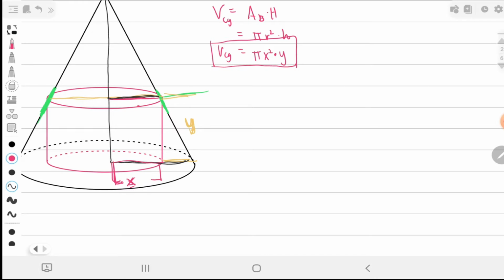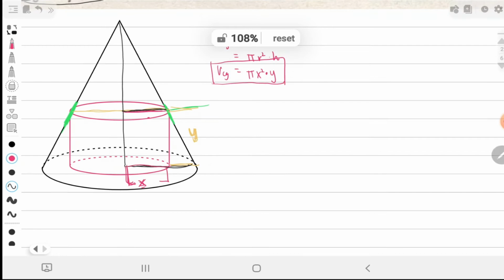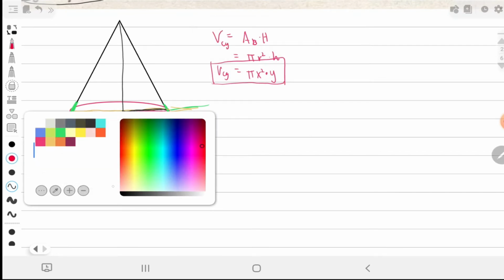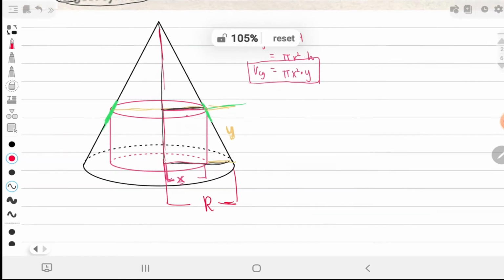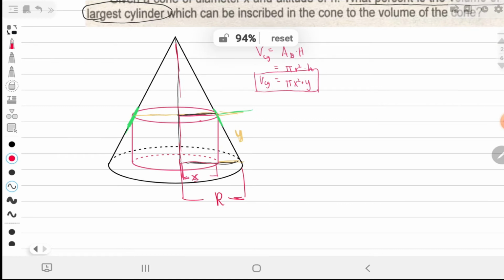But ang tinatanong is the maximum volume of the cylinder that can be inscribed into the cone. So next na kailangan natin malaman is the relationship between your x and y, and also the relationship of this x and y to our cone. So if we would say that itong cone natin has, let's say, a radius r, and another is it has a height h.